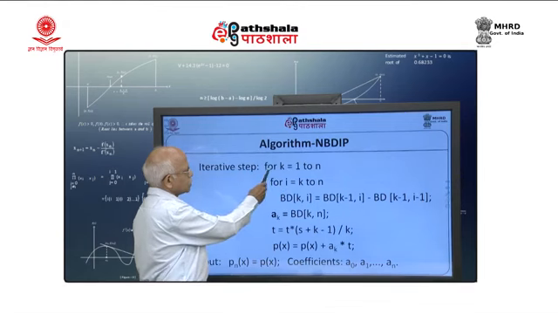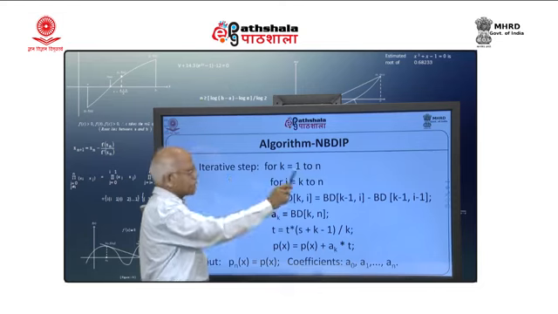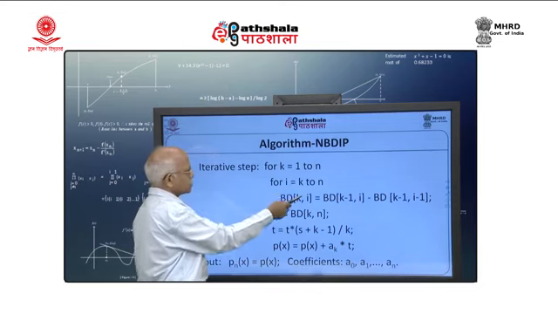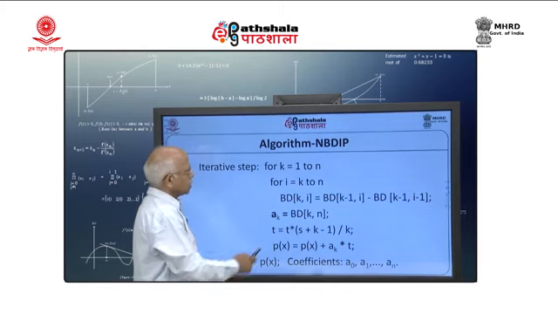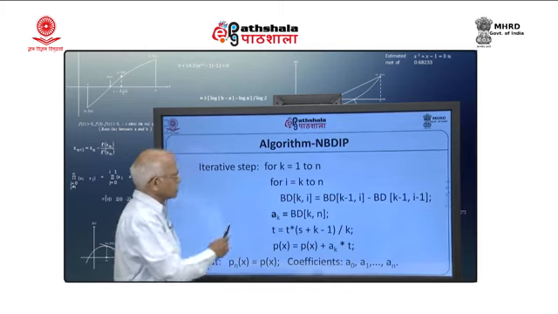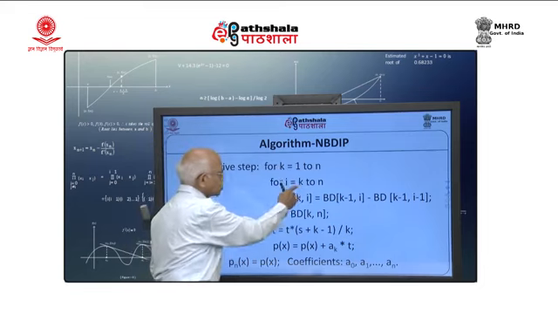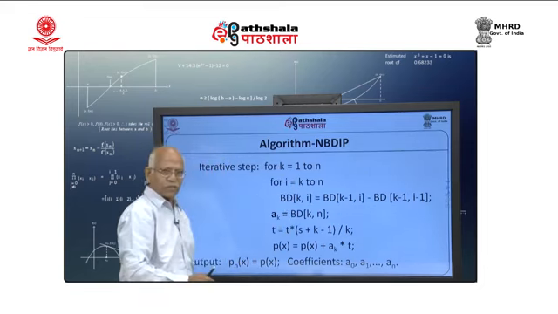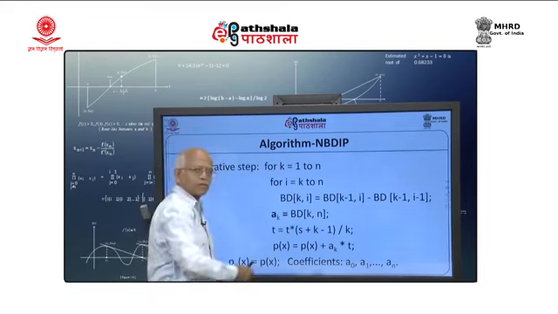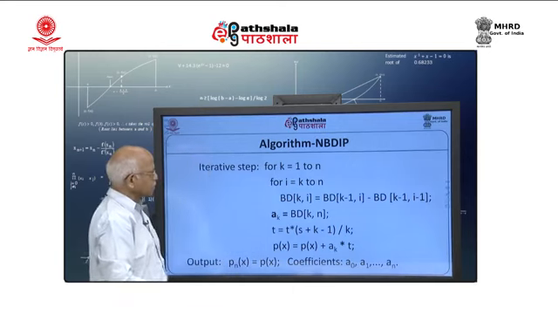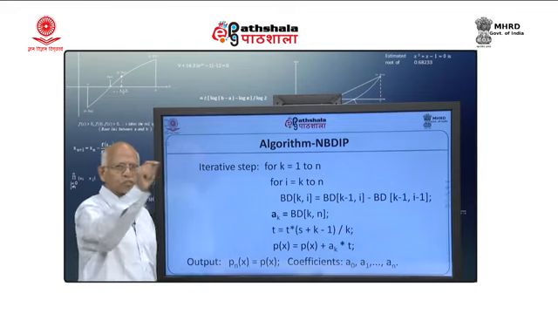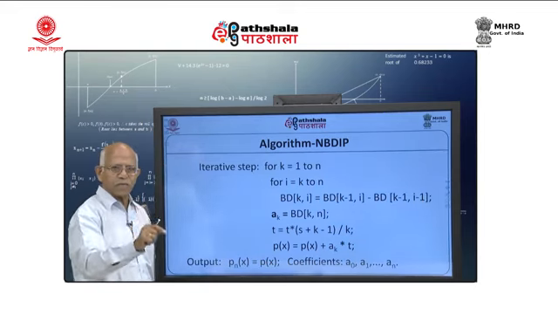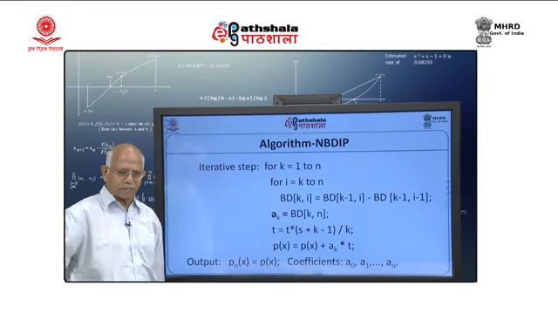So, 0th order backward difference is done n times, first order backward difference is done n minus 1 times, and so on and so forth. So, k equal to 1 to n. So, n first order backward differences, n minus 1 second order backward differences, and like that we will be getting nth order. So, therefore, the total backward differences computed will be n plus n minus 1 plus n minus 2, and like that.